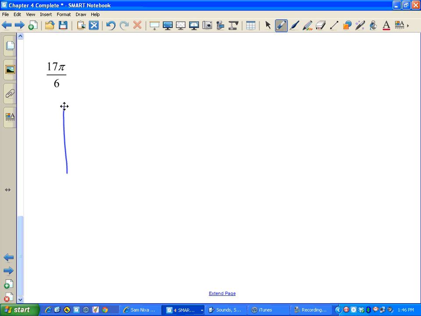Right, 17 pi over 6. Okay, I've gone around the circle more than once here. So I'm just going to think. There's 12 pi over 6. Okay. 13, 14, 15, 16, 17. So I'm right here, which is far away in the x.